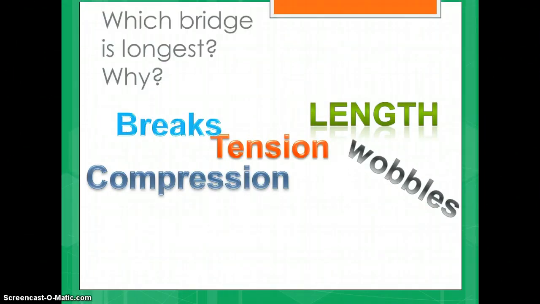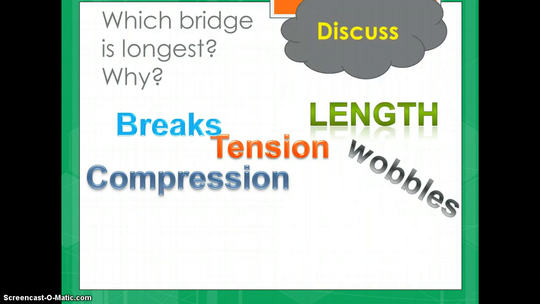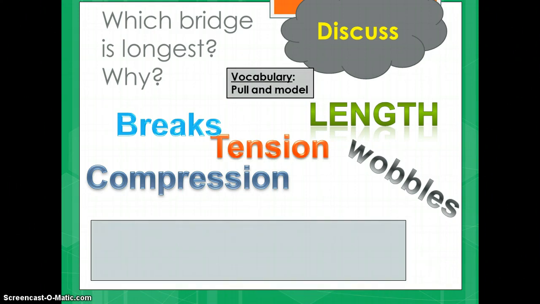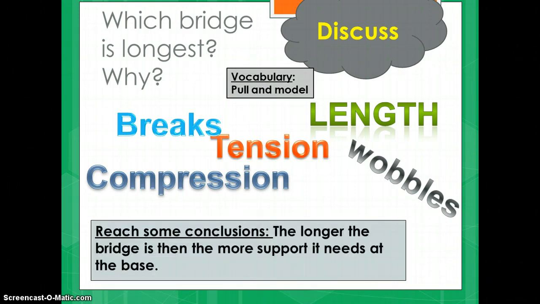Through discussion, you can ask them what parts of the bridge are longest and why. This will pull out vocabulary, and you can model vocabulary for them. And then through your discussion, you can reach some conclusions like the longer the bridge is, then the more support it needs at its base.